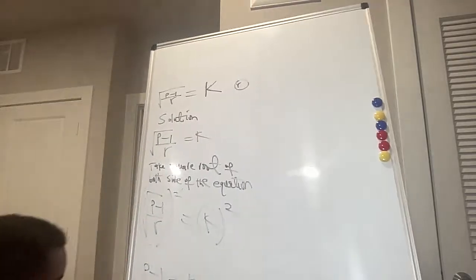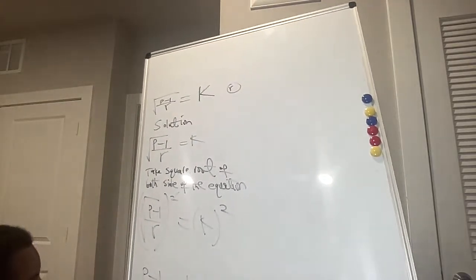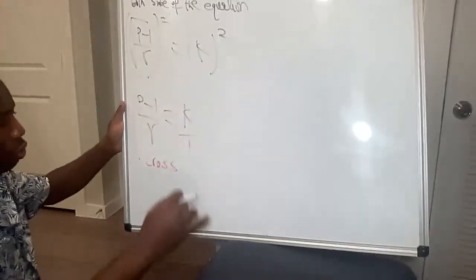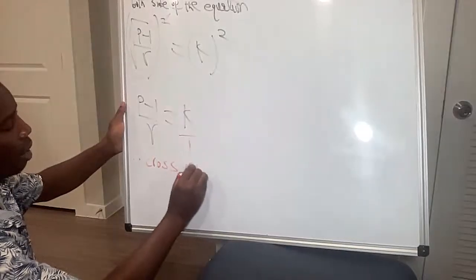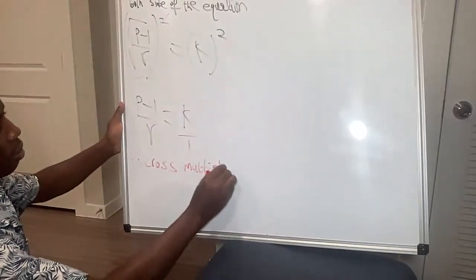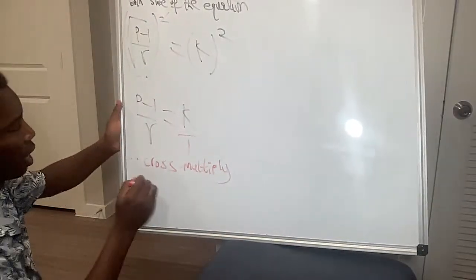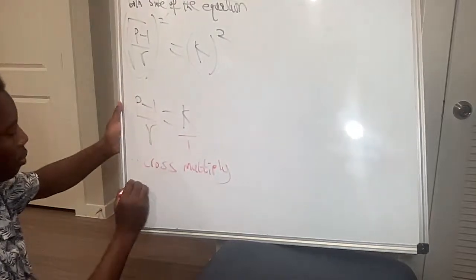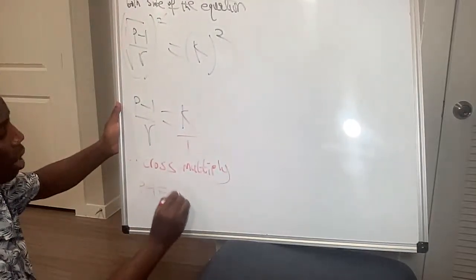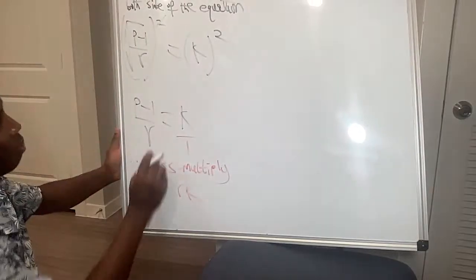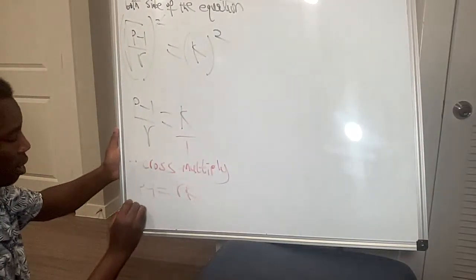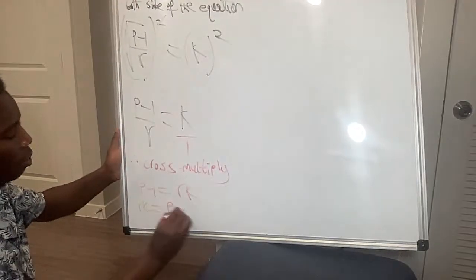So we will now cross multiply. We have 1 times P minus 1, same, P minus 1 is equal to RK. And we are making R the subject, so bring R to our left hand side. RK is equal to P minus 1.